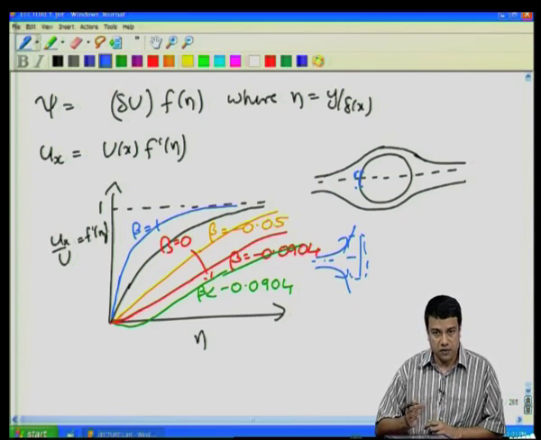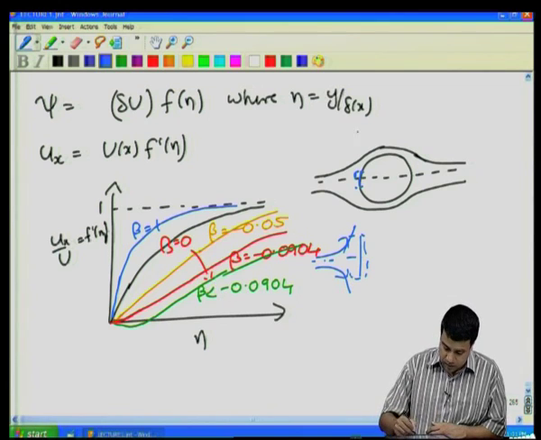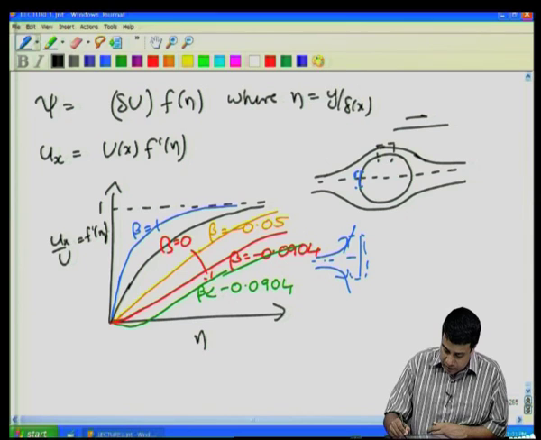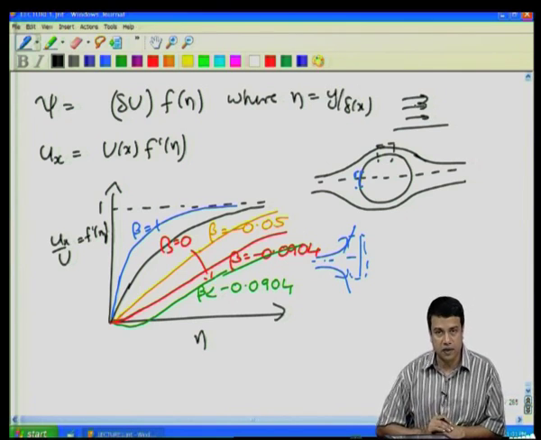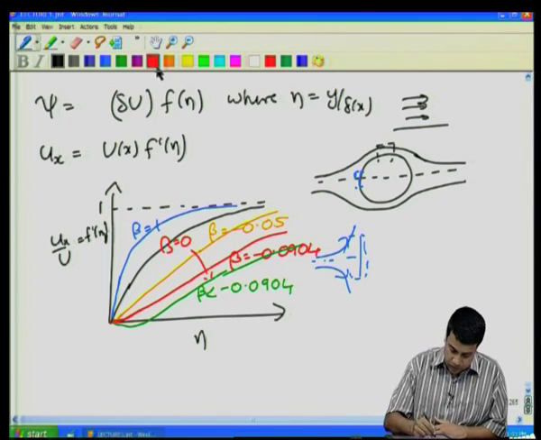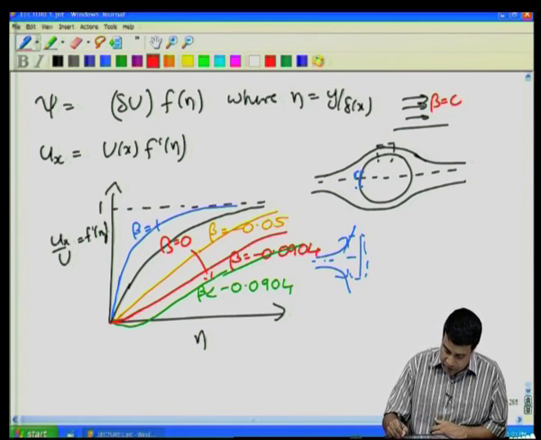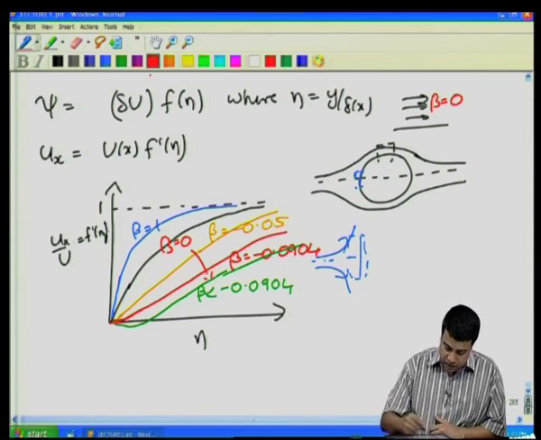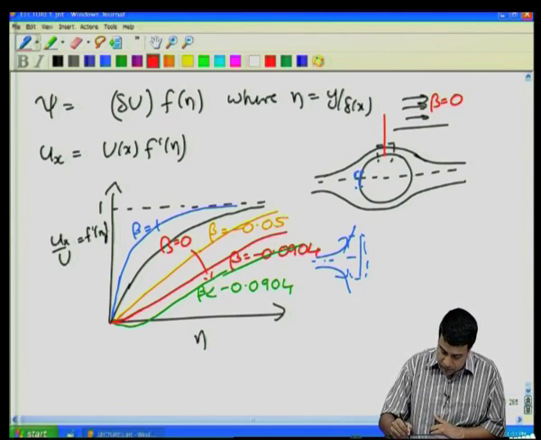As you go downstream, if you reach the top and bottom surfaces, you will find that at these two points the flow resembles the flow over a flat plate, for which beta is equal to 0, with neither any acceleration nor any deceleration. So, the velocity profile at this surface will look something like this.